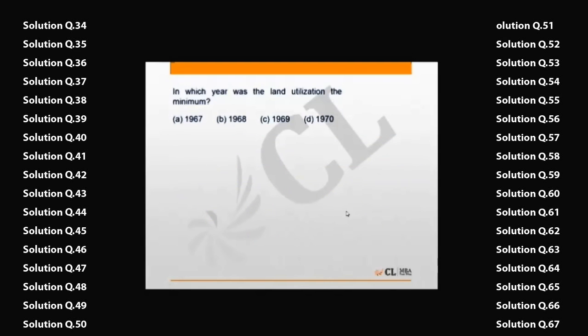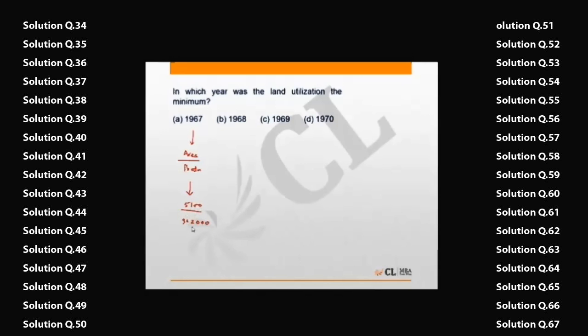So in this question we have been asked, when was the land utilization the minimum? To find out land utilization for each of these years, we have to find out the total area divided by the production. So area under paddy plus area under wheat in 1967 was 5,100 hectares, and then in tons it was 362,000.